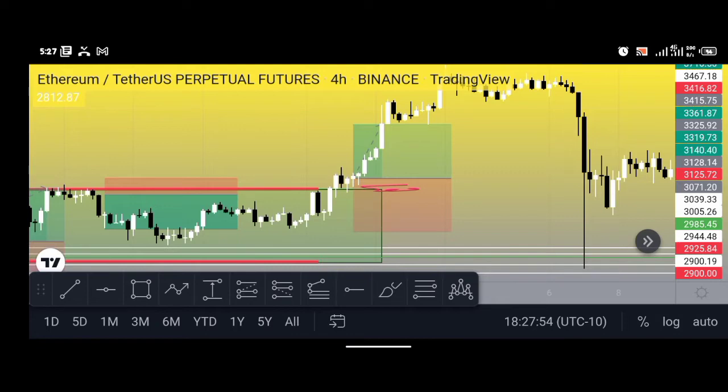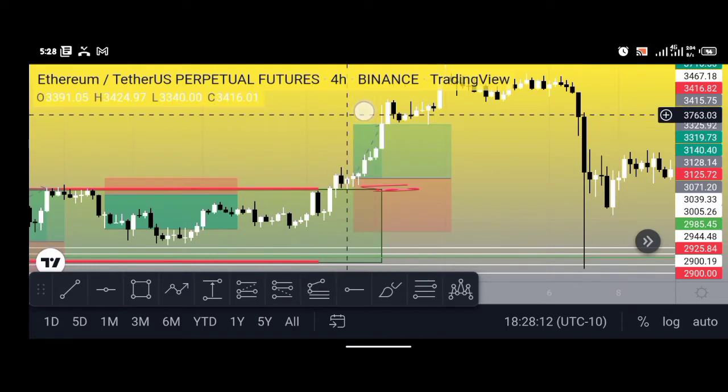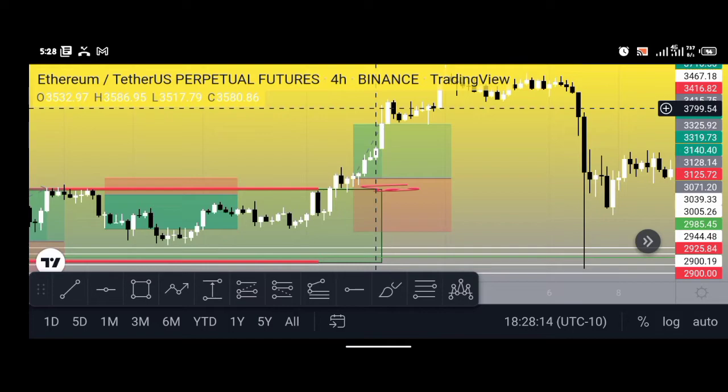So I'm going to show you the other type of ranging market, where the ranging market fails. So it's not that if you see this ranging market from an uptrend start forming a range, you will now say the market is going to continue the way up.